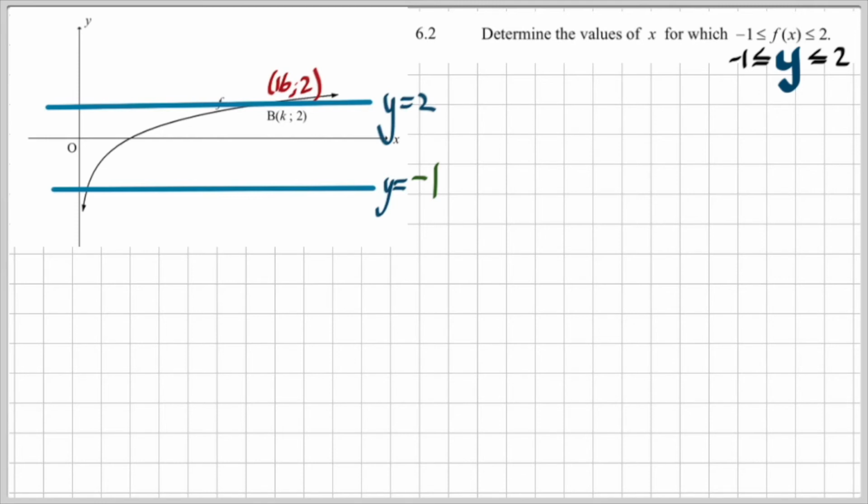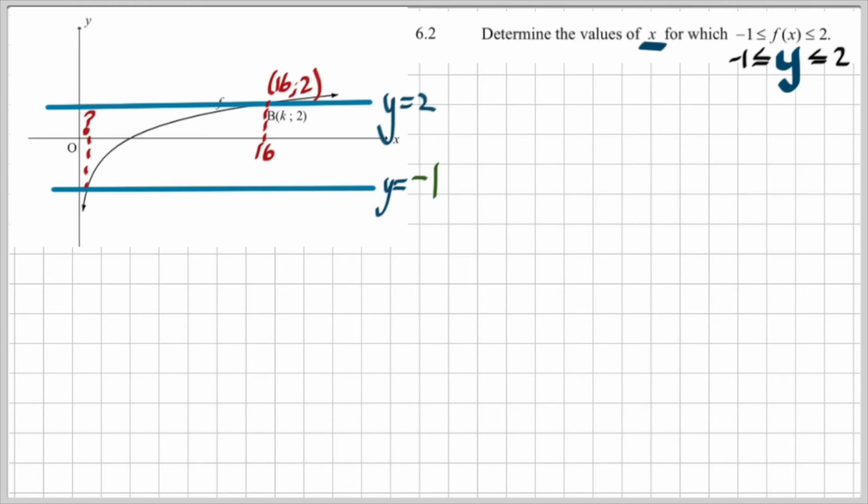This means the question is asking for values of x. So I need those x values. The x value for the 2 I've got, but I don't have the x value where y is -1.